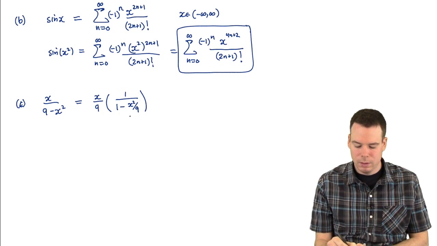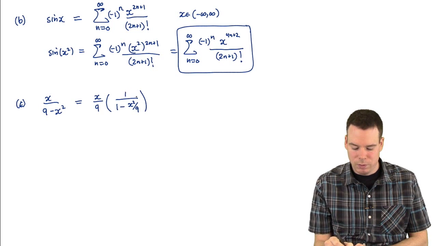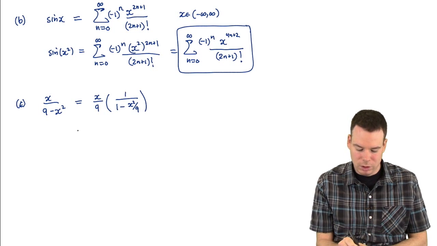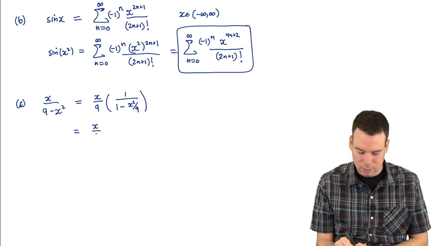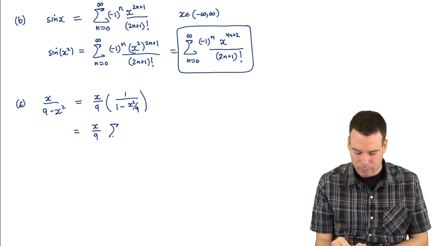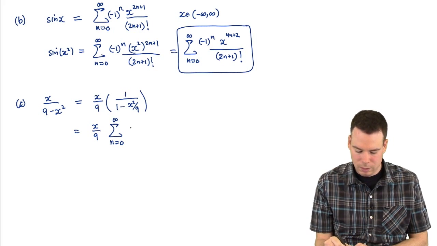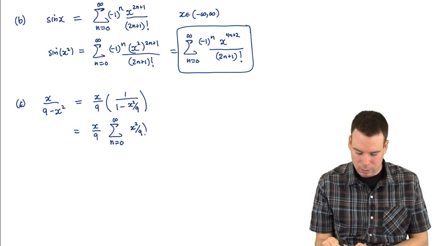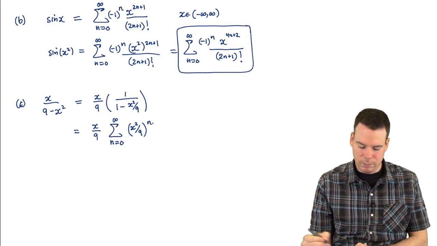And this, I know the series expansion for this, because this is the sum of a geometric series. So this is the sum, n equals 0 to infinity, of x squared over 9 to the power of n.